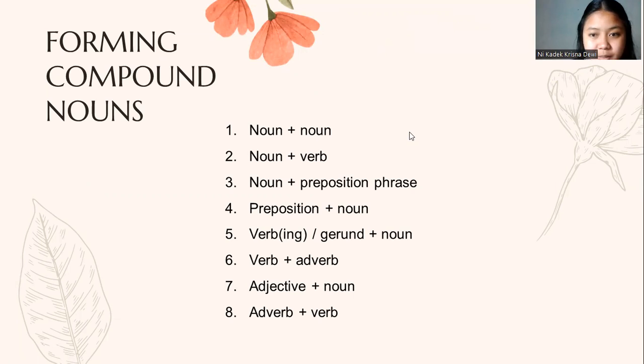Number 1 is noun plus noun. Number 2 is noun plus verb. Number 3, noun plus preposition phrase. Number 4, preposition plus noun. Number 5, verb-ing or gerund plus noun. Number 6, verb plus adverb. Number 7, adjective plus noun. And the last, adverb plus verb.